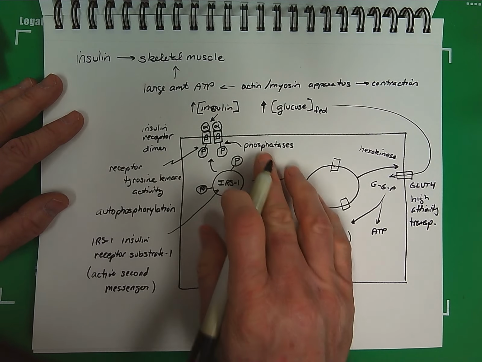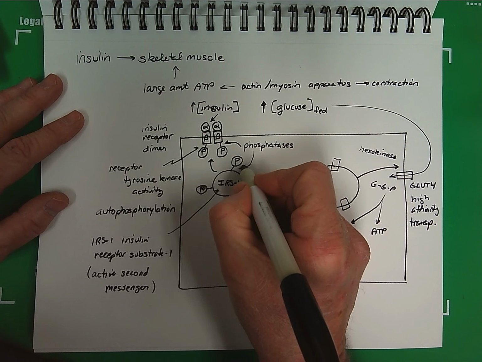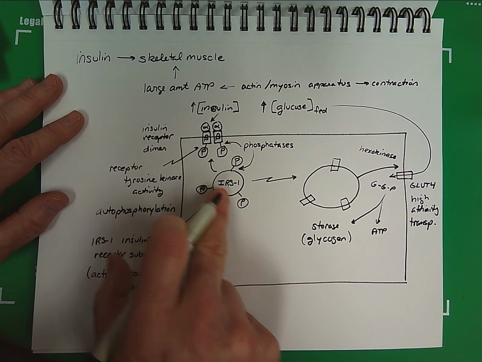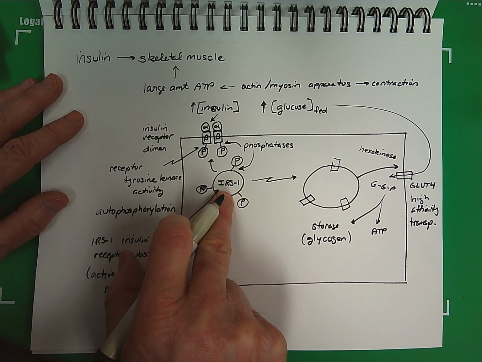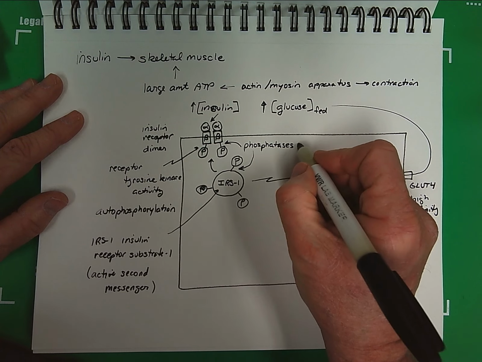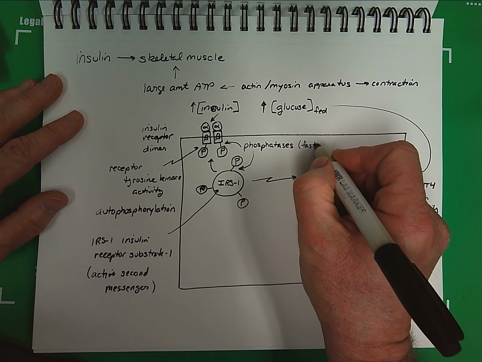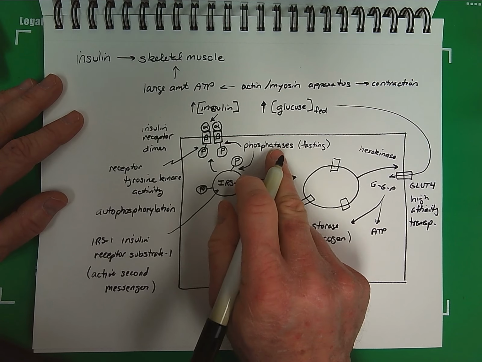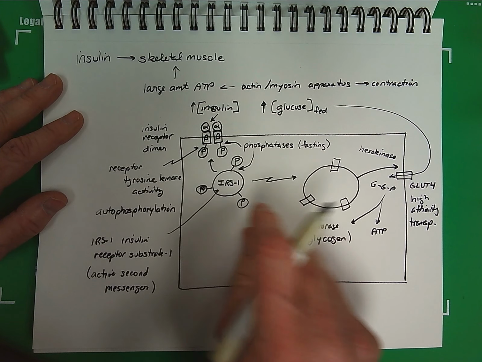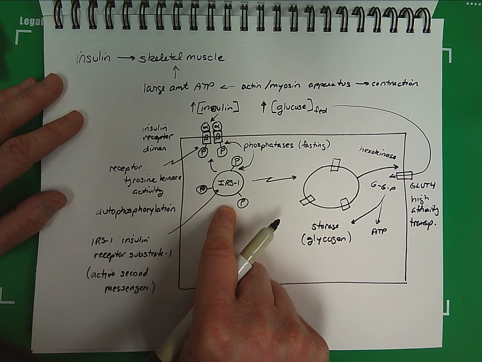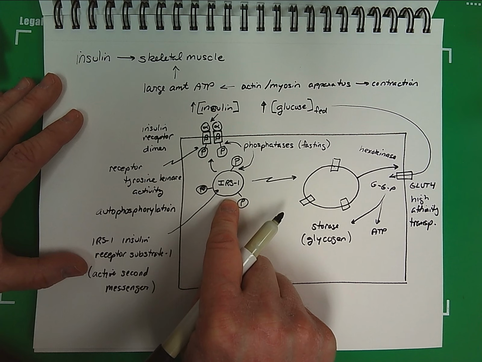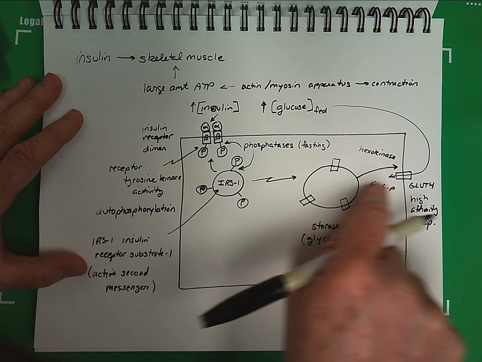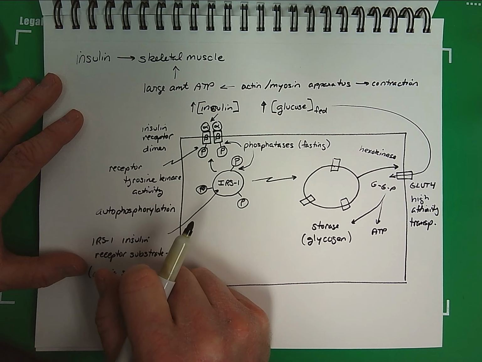These phosphatases now inactivate both the receptor and IRS1. And this occurs in the fasting state, when insulin levels are decreased. Without this signal transduction, without an active second messenger, these vesicles are no longer fused with the plasma membrane.